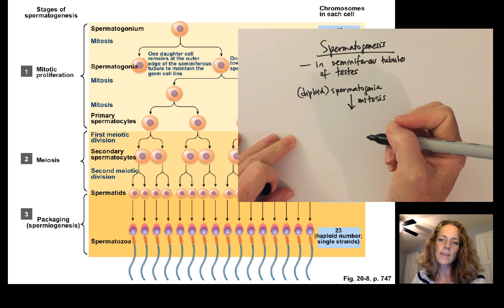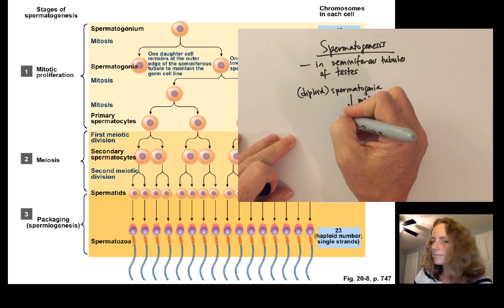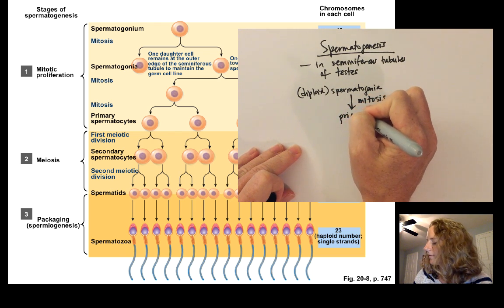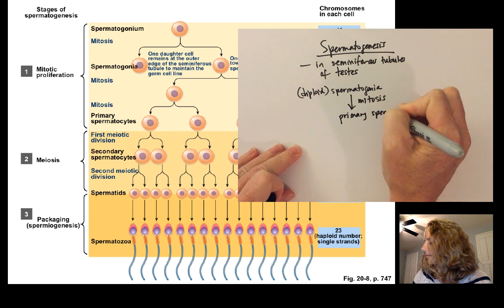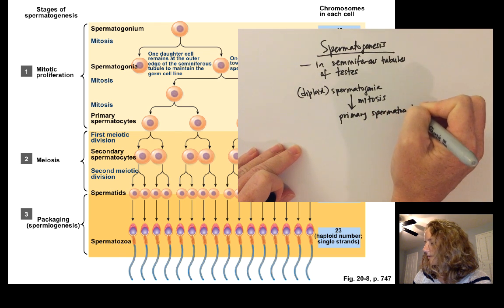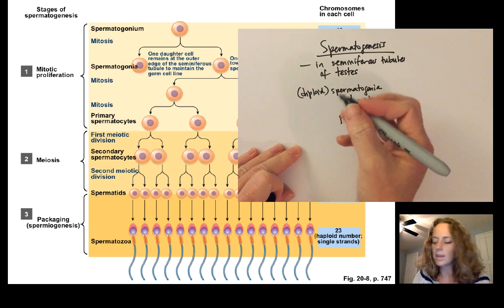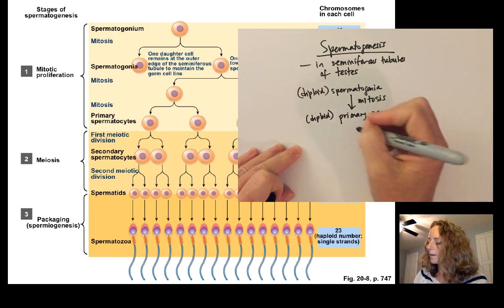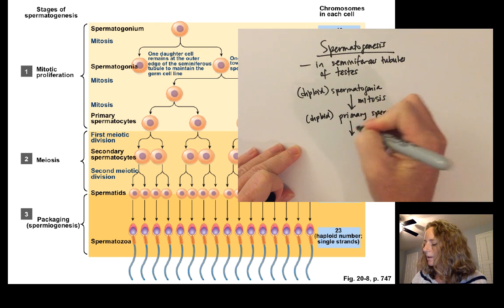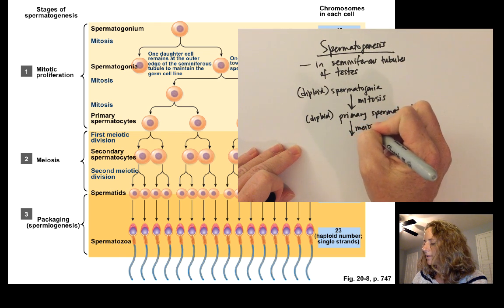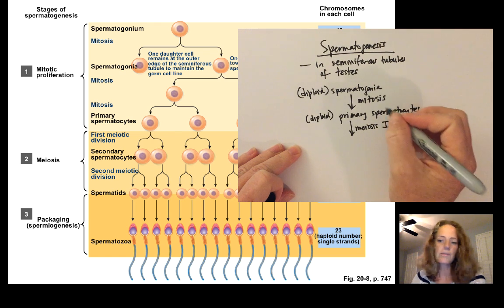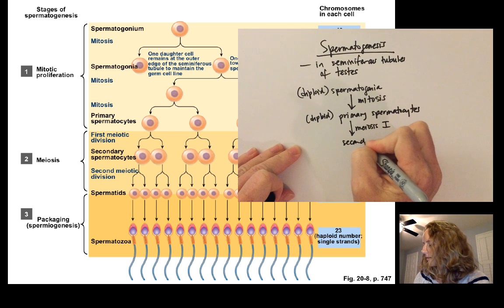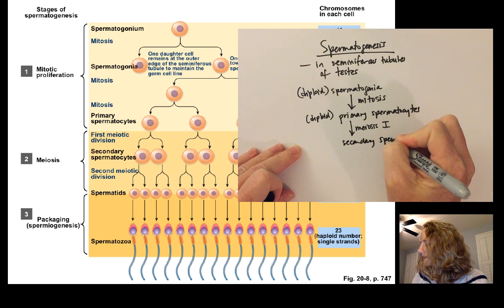From there, the spermatogonia are going to be called primary spermatocytes, and they will still be diploid. From the primary spermatocytes, then, we're going to go through meiosis 1 to form from primary to secondary spermatocytes.